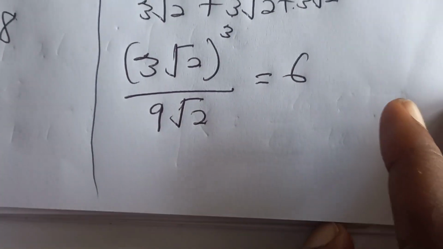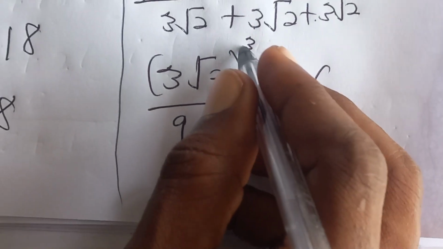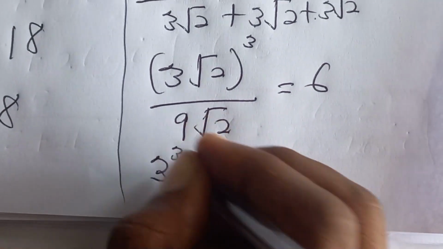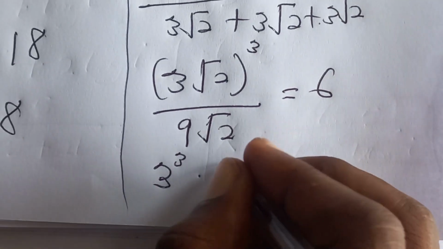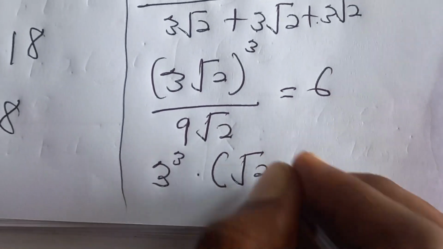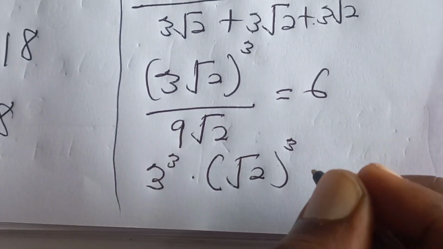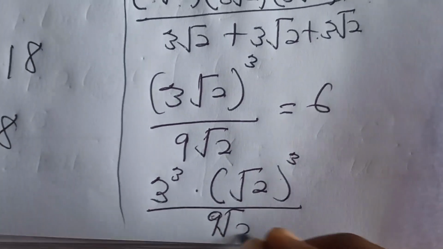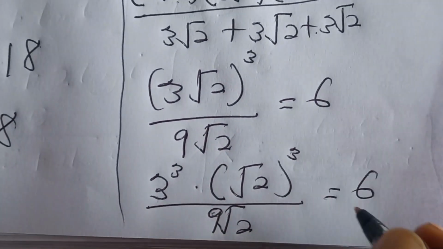So with this, it should be 3 power 3 multiplied by root 2 power 3, on 9 root of 2, which is equal to 6.